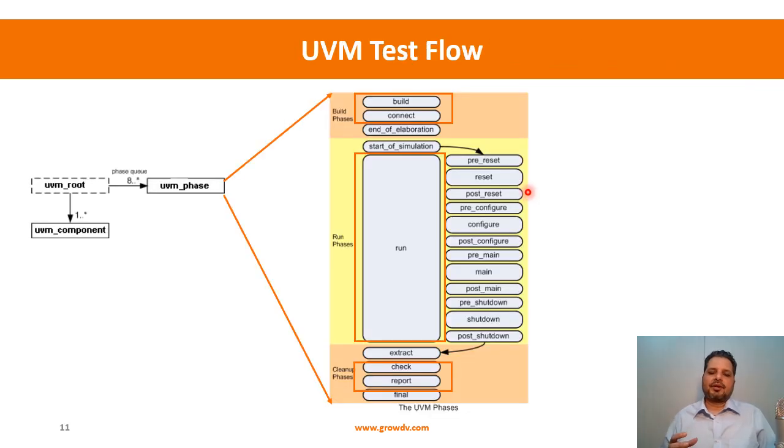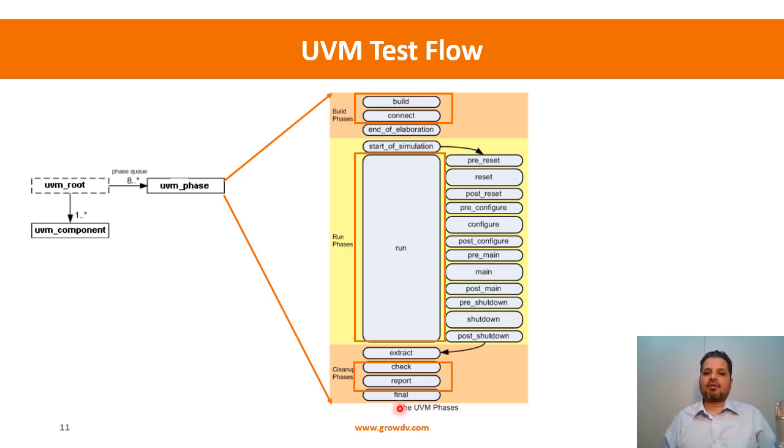So we looked at in the previous slide that in the initial block through the config.db we set everything and we call the run test, right? So we call the run test in that initial block, and once we call the run test, it calls the run test within the UVM root, and that UVM root will then start the phasing. So this part we have seen in the core concepts as well. So it starts the phasing, and in the phasing I have told you we have these 3 main phases.